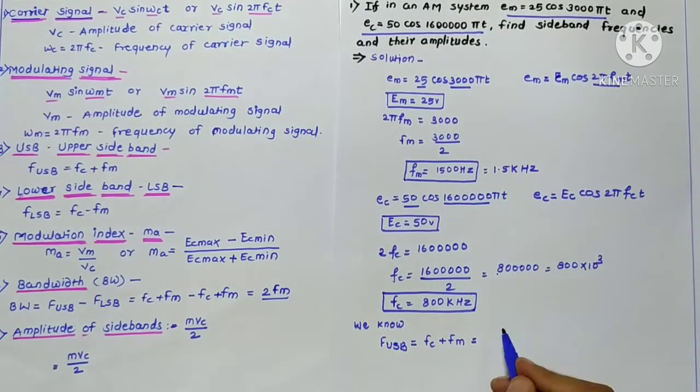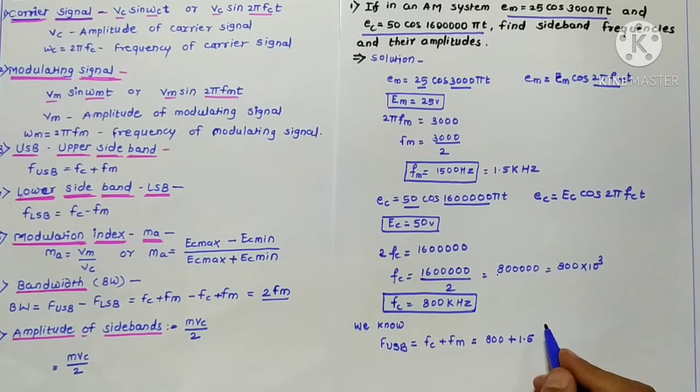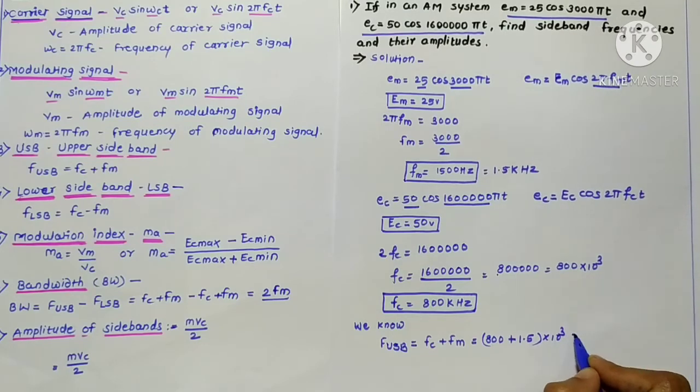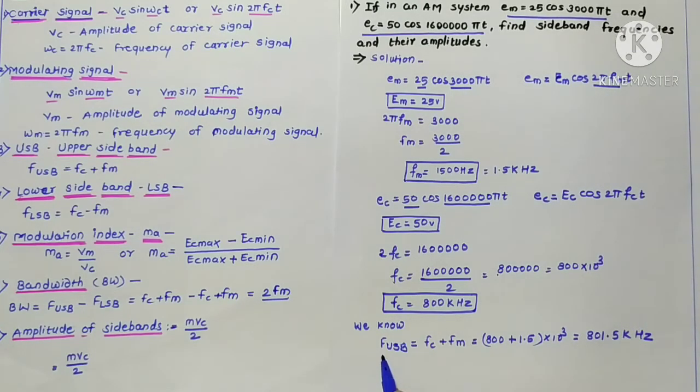Now 800 plus 1.5, and it is in terms of kilohertz. So we'll write here 801.5 kilohertz. So the frequency of upper sideband is 801.5 kilohertz.